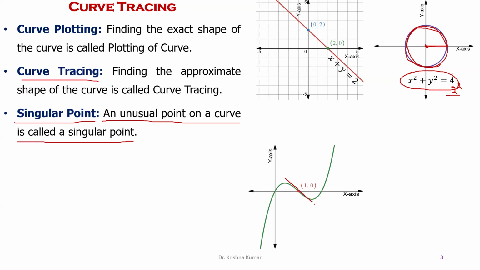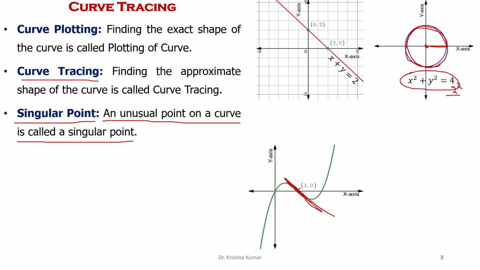If we want to draw the tangent at (1, 0), what will happen? What is the meaning of tangent? Tangent is nothing but a line which touches the given curve only at one point. But now here we want to draw the tangent at this point (1, 0), and at this point tangent will cross the given curve.